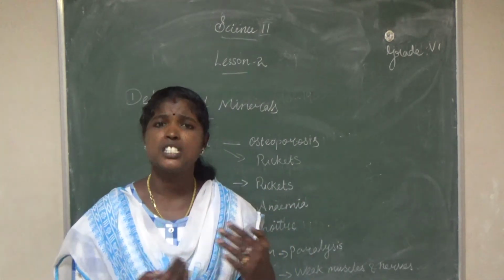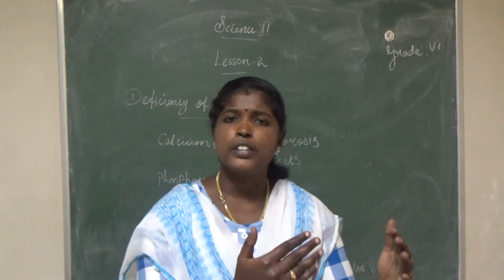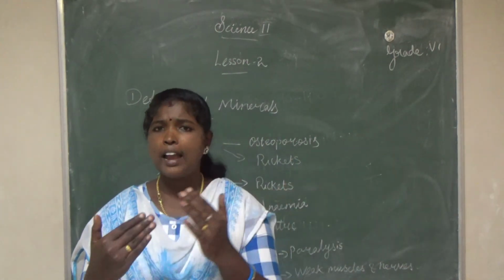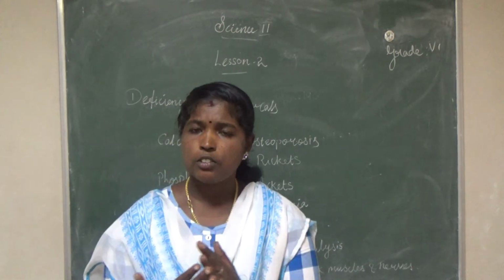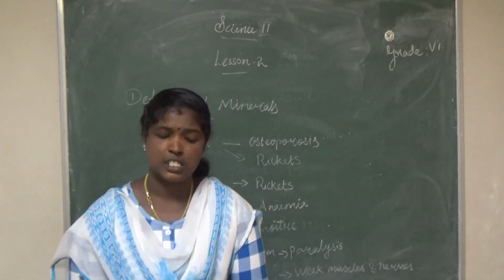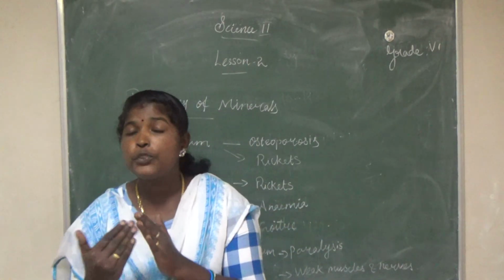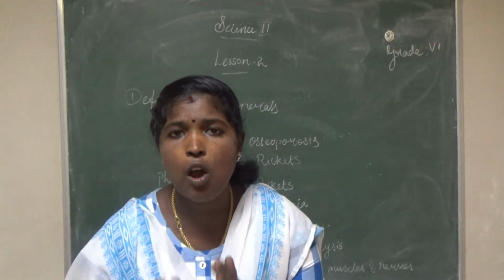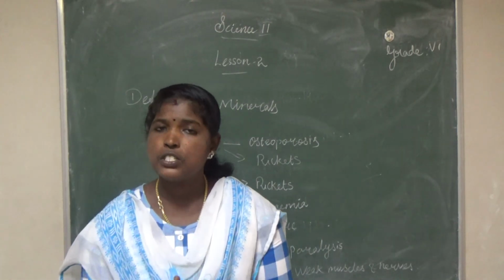Then deficiency diseases. What is called deficiency diseases? Diseases that are caused due to a lack of nutrients in the diet over a long period of time are called deficiency diseases.